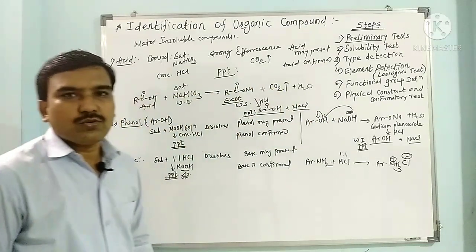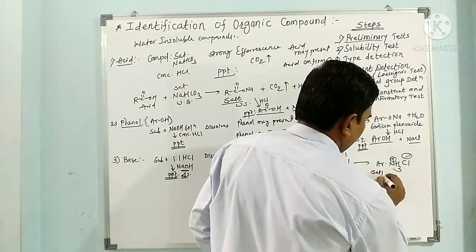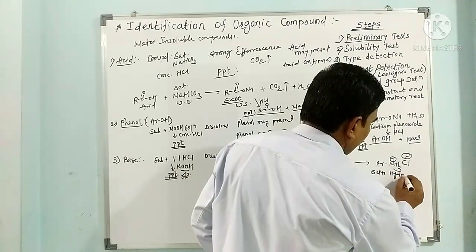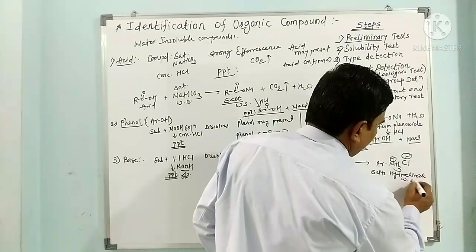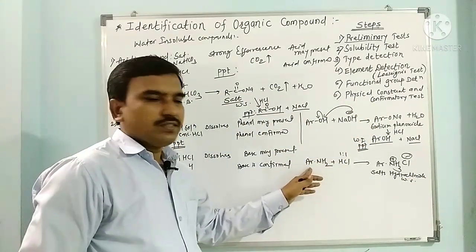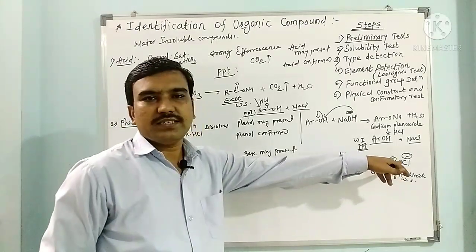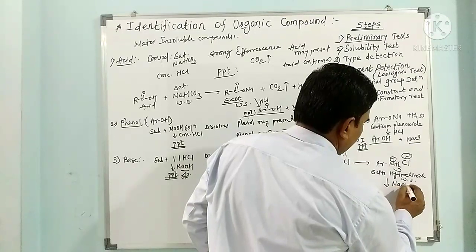So here this is the hydrochloride of this base. This is a salt, an ammonium hydrochloride. These are water soluble. So when we add HCl to the substance and it dissolves in that, we can say that this is a base, and this salt can be decomposed by adding NaOH.